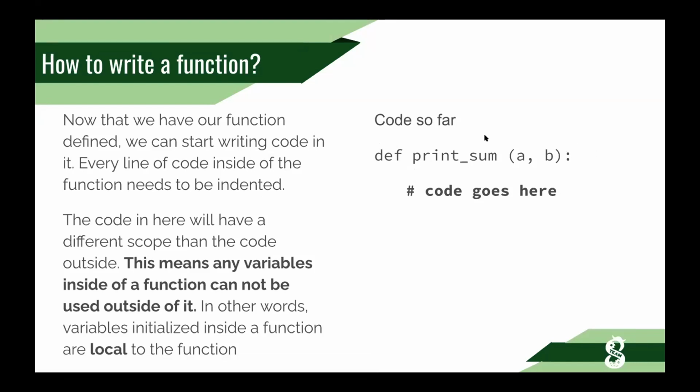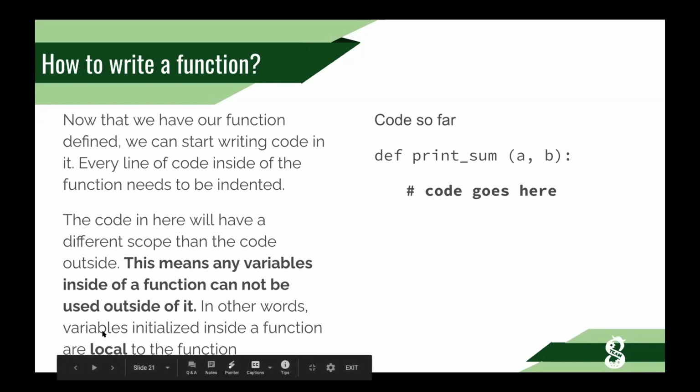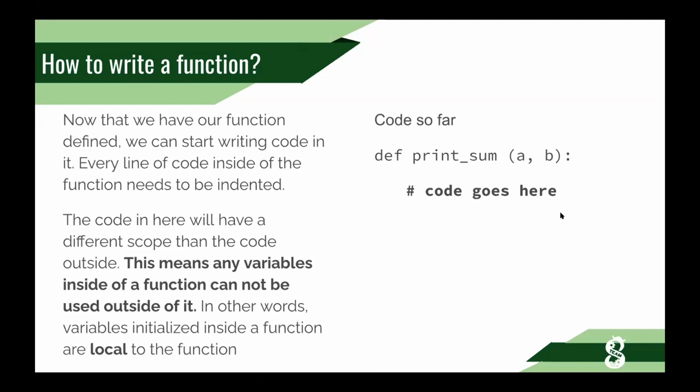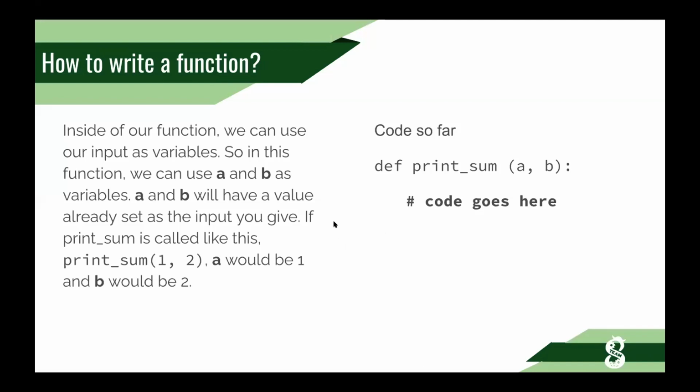That's because the function is in one scope. In other words, variables initialized inside of a function are local to that function, meaning you cannot access them anywhere else. So here, you already have two variables, A and B, defined over here. So we can use A and B as variables inside of our function, nowhere else.